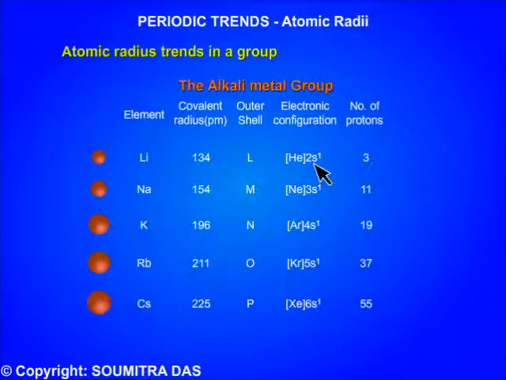As we move down the group, the valence electron is situated in the next higher energy level. The distance of the valence electron from the nucleus therefore increases so much that it cannot be compensated by the extra electrostatic attraction due to increase in number of protons in the nucleus. So, atomic radius increases as we move down the group.